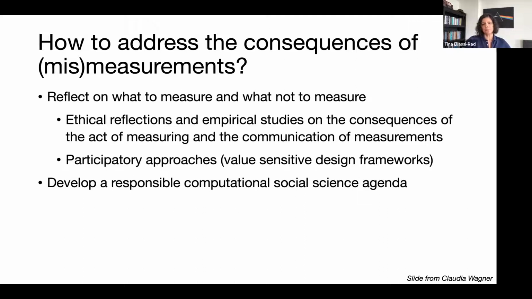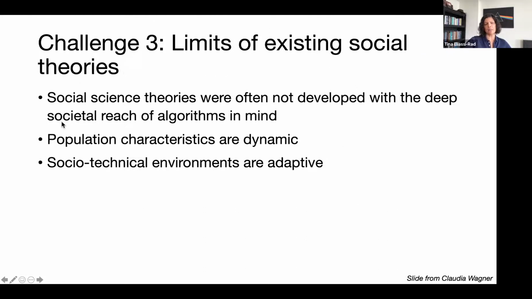And then the third challenge was limits of existing social theories. These social theories were generated when we didn't live in societies that are infused with algorithms. So if you think about theory of balance or theory of homophily, etc., they weren't thinking about the kind of diversities we have in our population, the social technical environments that we have that are highly adaptive.